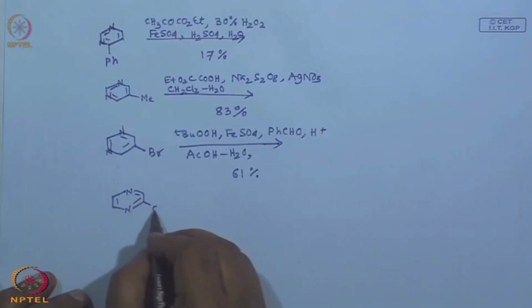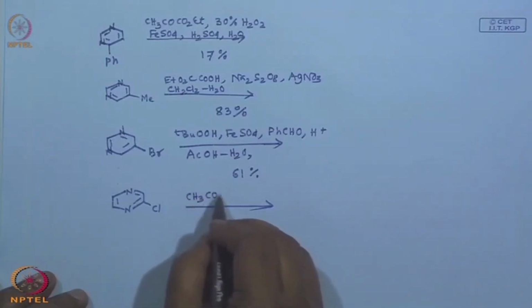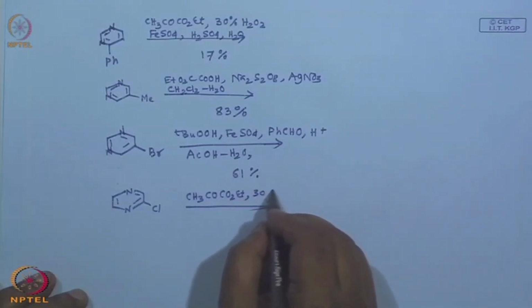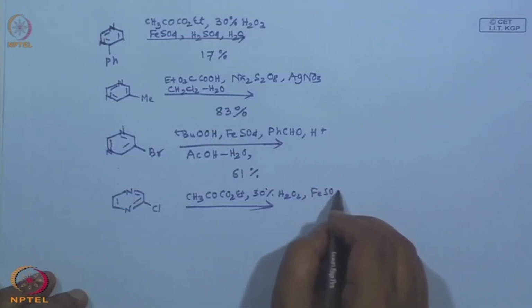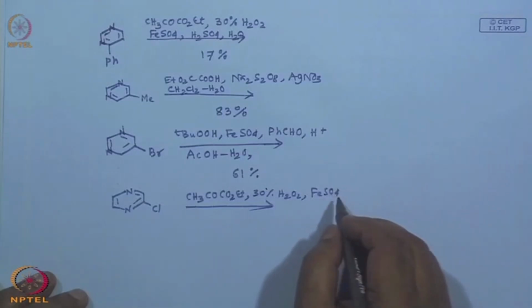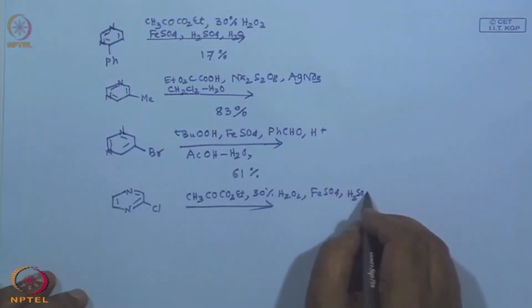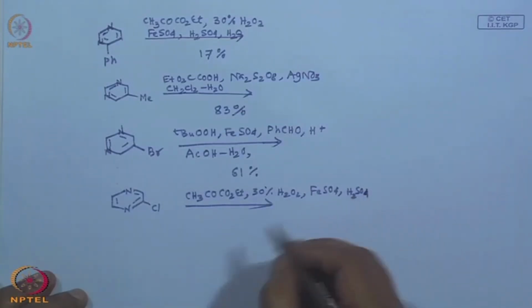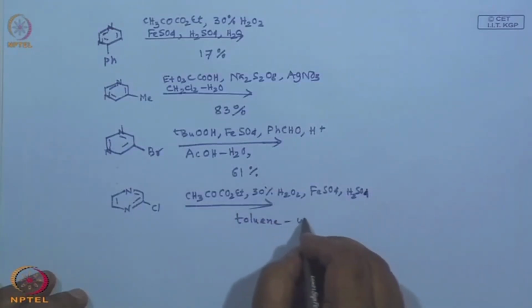Pyrazine with a chloro group, and once again this is ethyl pyruvate, then 30% hydrogen peroxide, which is commonly used, then ferrous sulfate, and of course, a little sulfuric acid, and the solvent is toluene and water.